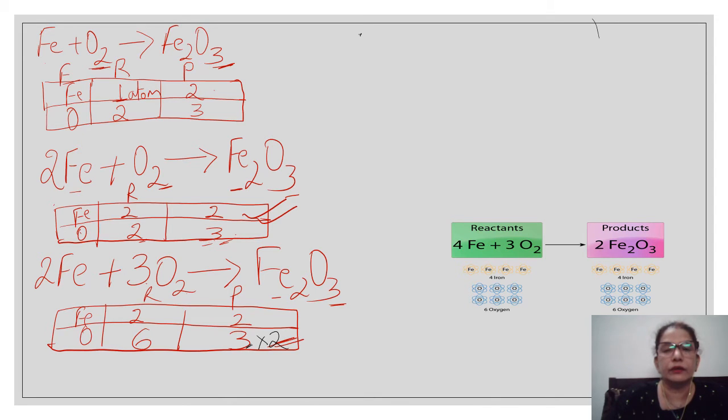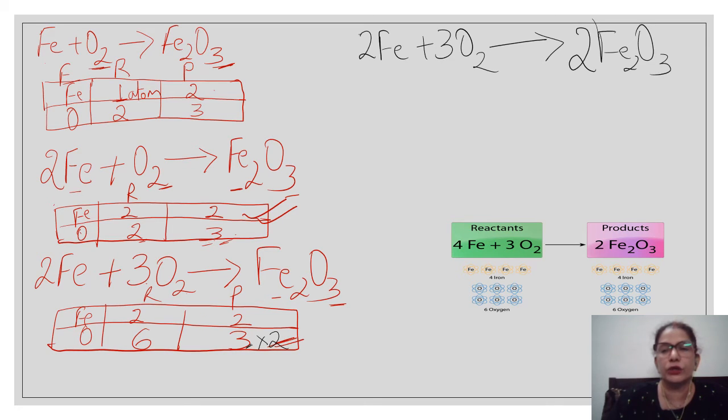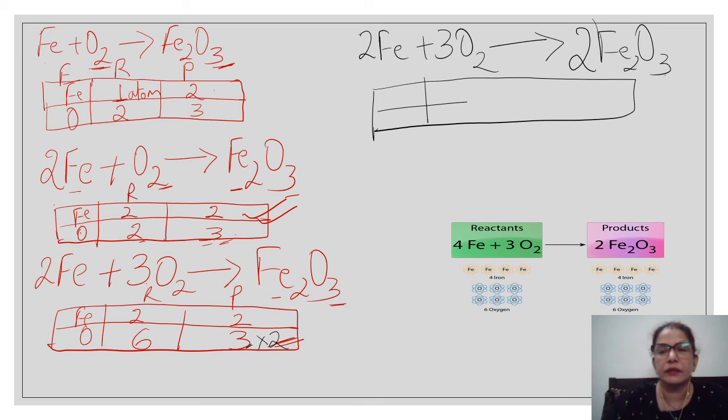So we'll add 2Fe plus 3O2. This is as it was in the last step. Now I am adding a coefficient 2 in front of the formula Fe2O3 because I wanted to make this 3 into 6. So now let me make my box again and check for the balanced atoms.